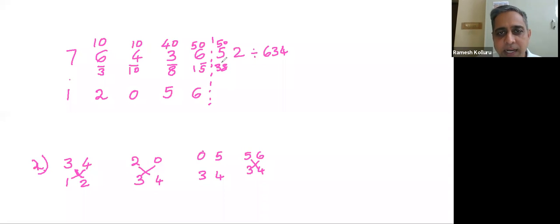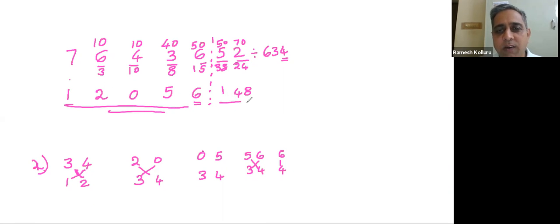If I am subtracting 38 here, 17 will be there. 170 passed. And the last subtraction is 6 times 4, the last digit multiplied by the last digit. So 24 you subtract, it is 48. So 12056 is my quotient and 148 is your remainder.